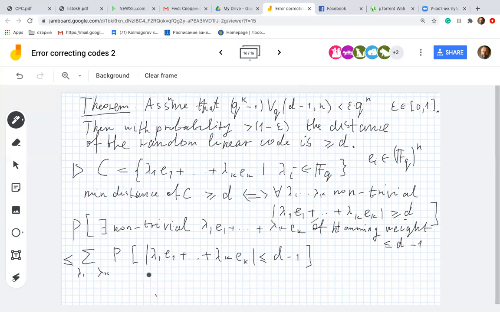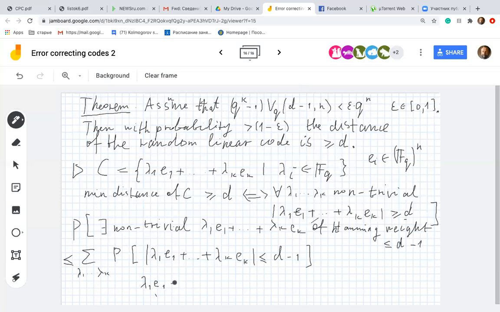For example, if we have only one term in this sum, say lambda 1 e1, then because e1 is chosen with uniform distribution, lambda 1 times e1 has also uniform distribution.